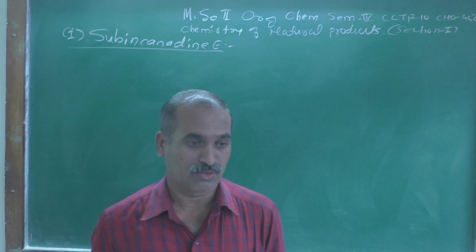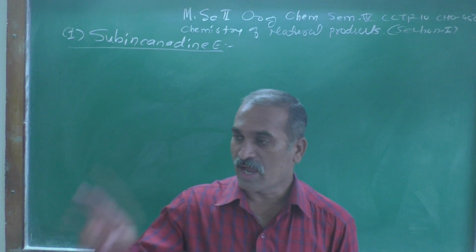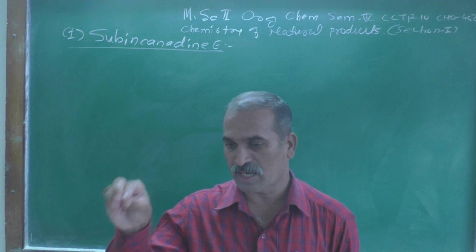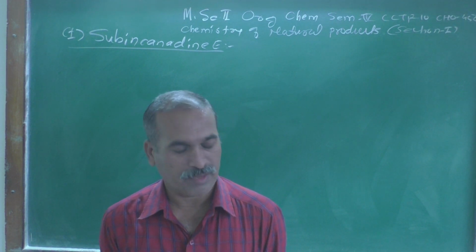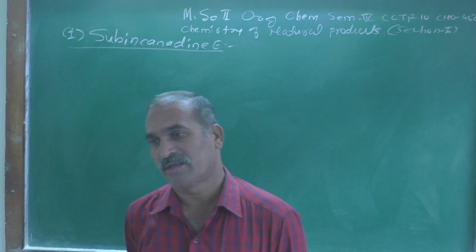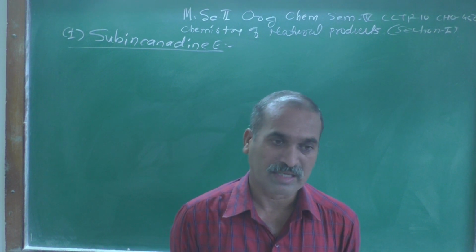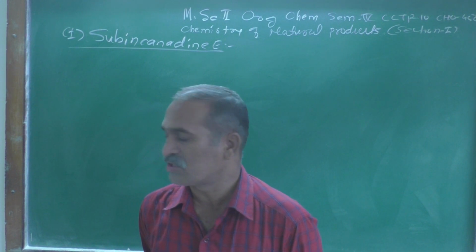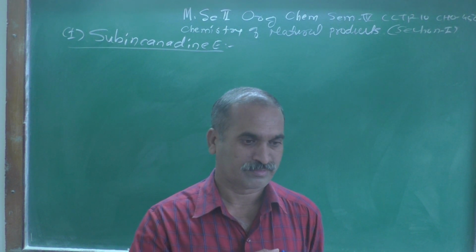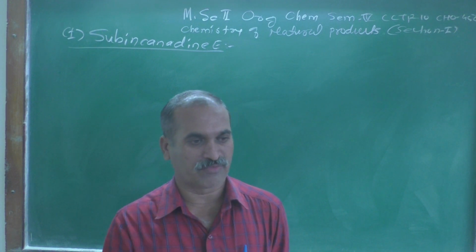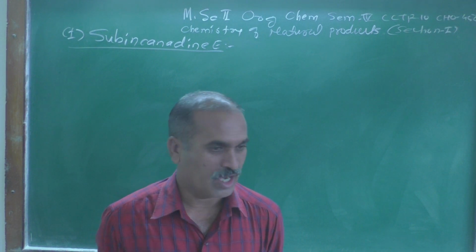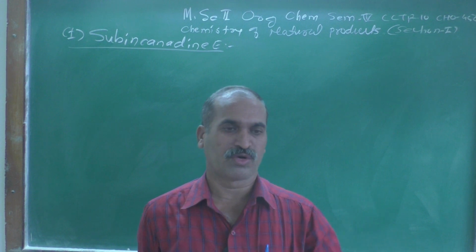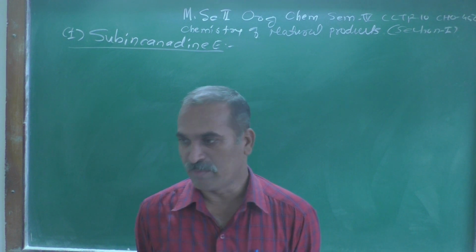R and S are known as absolute configuration, and capital D and capital L are termed as relative configurations. Relative configuration is just referred to in the case of amino acids, while studying amino acids and carbohydrate chemistry.